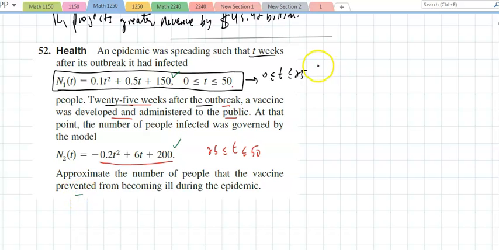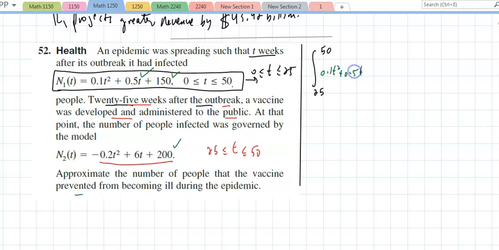To figure this out, you would say, okay, well look, if I find the total that would have been infected, since we're talking about the vaccine, so it has to be at 25 when it was introduced, to 50. If the vaccine had not been invented, people would have been infected at this rate. Since the vaccine was invented, it's going to really save that many people.